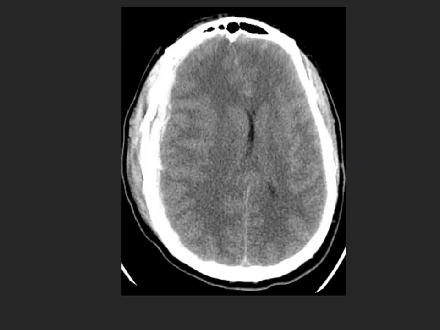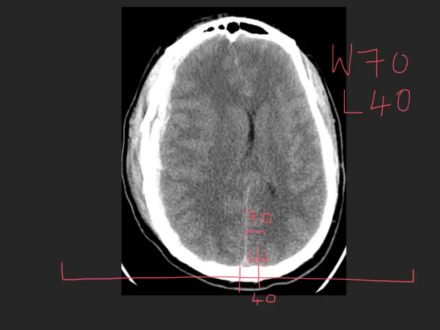So here is a head CT of a patient who has a subdural hematoma following head trauma. This is displayed on the typical brain window. In this case, this has a window of 70 and a level of 40. So looking on our little Hounsfield unit graph from before, this window is centered at level 40 Hounsfield units, and it's 70 Hounsfield units wide.